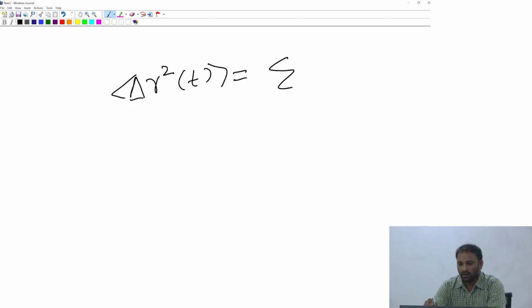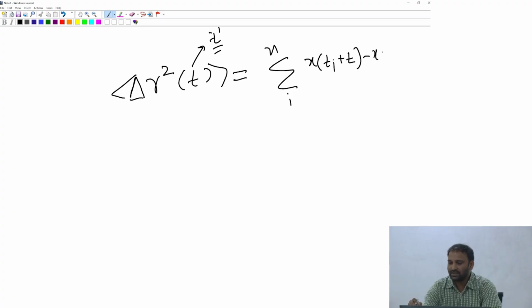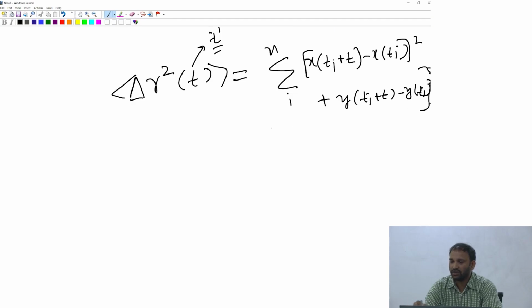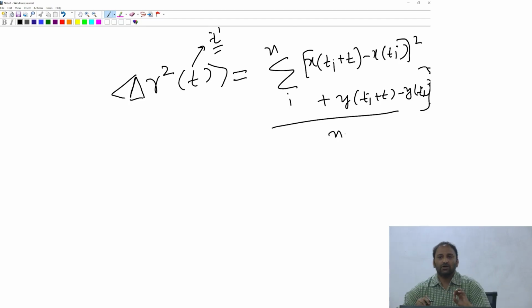If you have tracked the particle for a time t, observed for enough time, then x at time ti plus t minus x at time ti, whole squared, plus y at ti plus t minus y at ti, whole squared, divided by n, is the mean square displacement.